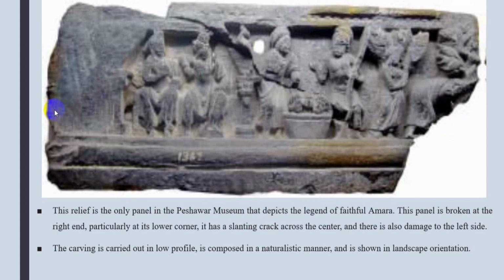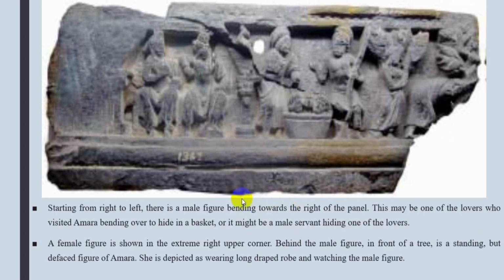The carving is carried out in low profile and is composed in a naturalistic manner and is shown in landscape orientation. Starting from right to left, there is a male figure bending towards the right of the panel. This may be one of the lovers who visited Amara, bending over to hide in a basket, or it may be a male servant hiding one of the lovers.